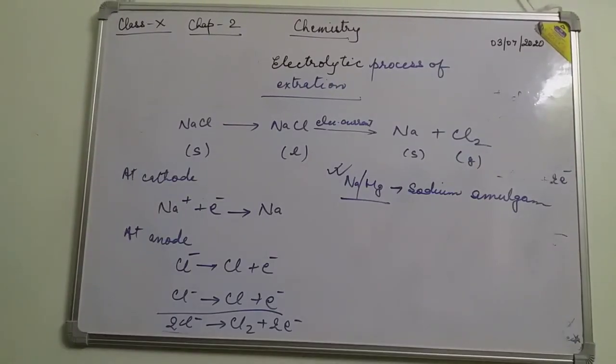Practice this reaction. This is the whole electrolytic process of extraction of sodium from sodium chloride. Sodium chloride, potassium chloride, sodium oxide can be extracted by the process of electrolysis accordingly.